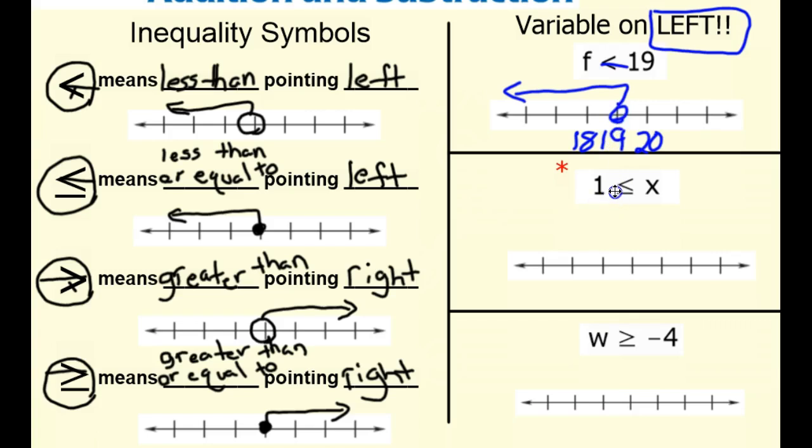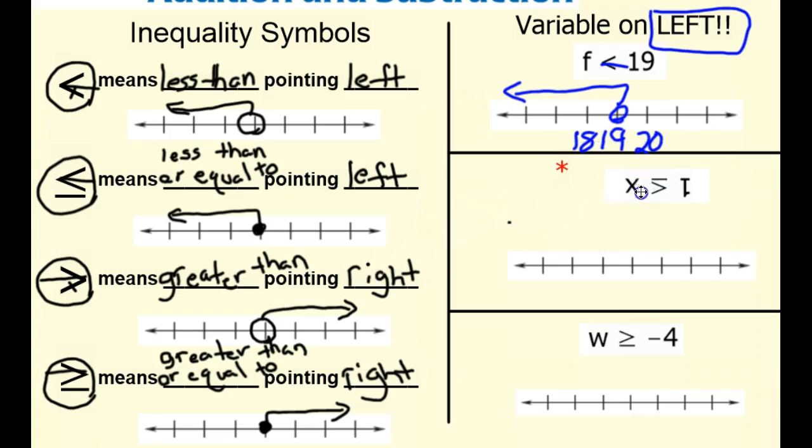Now here, our variable is on the right. So what we can do is we can take our equation and flip it. Oh, there we go. So now we have a flipped equation. The variable is now on the left.